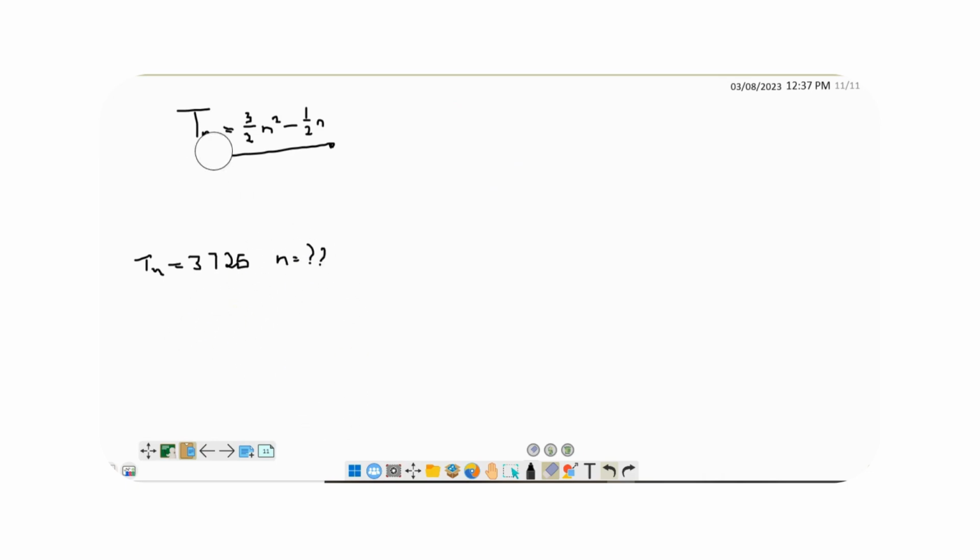Okay, so what you're going to do is write it here: Tn is 3725, which equals 3 over 2 n squared minus 1 over 2 n. I'll solve for n.